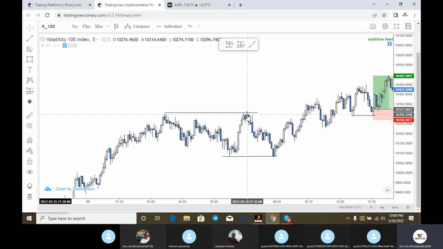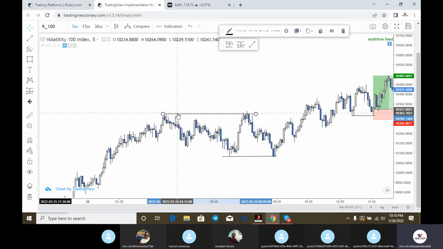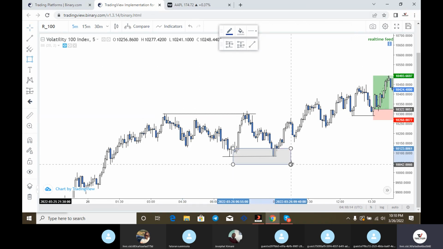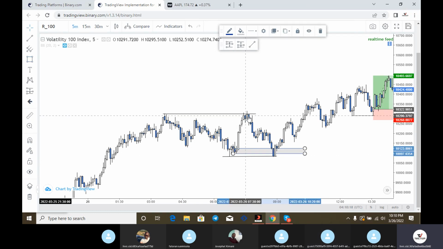We need the body of the candle to break a previous structure, and then we can mark that zone as the order block whereby price is going to come back and then react from at this point. So this is not a good break of structure for us to possibly take a buy signal at this point.